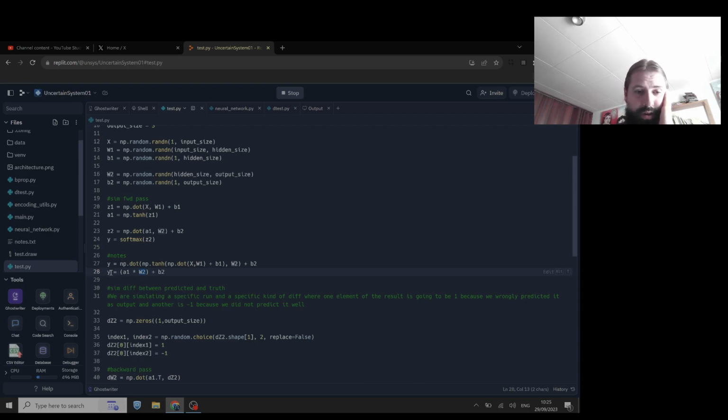So this is my function. Derivative in this case, yeah, but this is y, right?